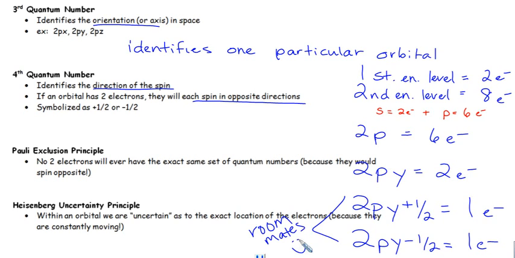One spins forward, one spins reverse. Which leads us to the Pauli exclusion principle that says no two electrons will ever have the exact same set of quantum numbers. You can have 3 of them the same, but the last quantum number will always be opposite. They'll always spin opposite.